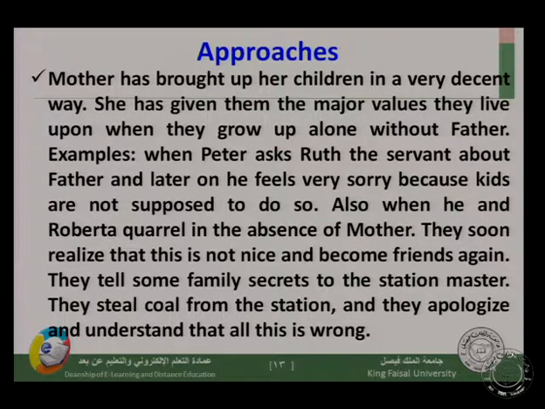He is not allowed to do it, so he does that without the knowledge of the station master, and he is caught actually doing this, and this is a theft, of course. What happens? They apologize to the station master, and they understand that all this is wrong. Though they are children, they know what is wrong and what is right. Why? How have they known what is wrong and what is right? Through mother and through her upbringing of them.